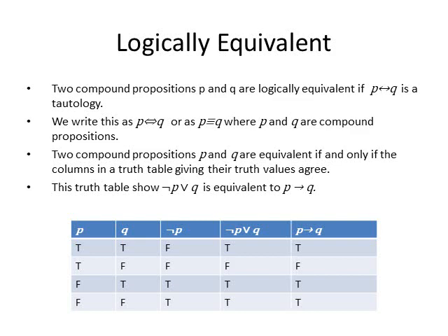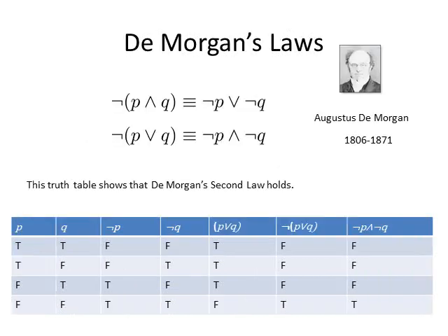So though the truth table is a very simple mechanism to prove logical equivalence, many times it will not be sufficient. Hence we have a few laws, and we use those laws to prove logical equivalence. So the first law is De Morgan's law.